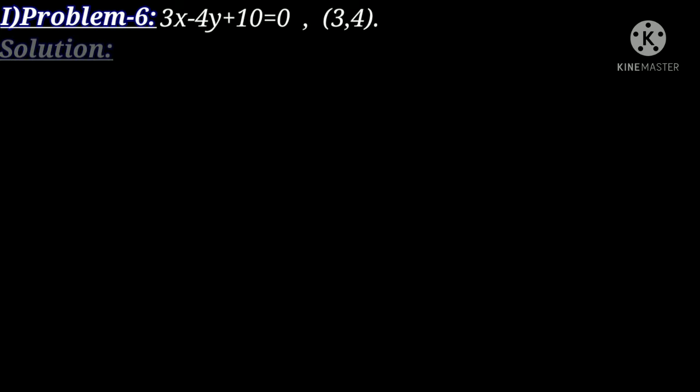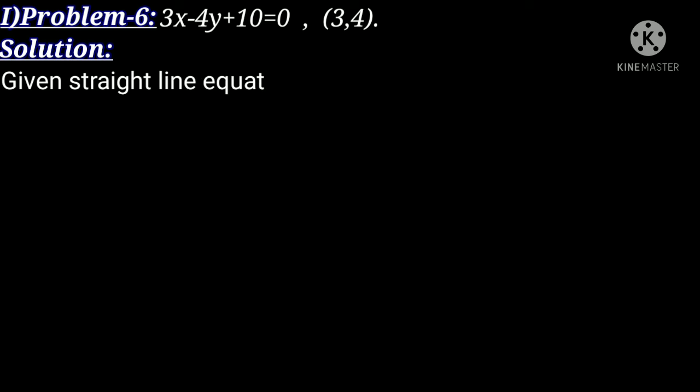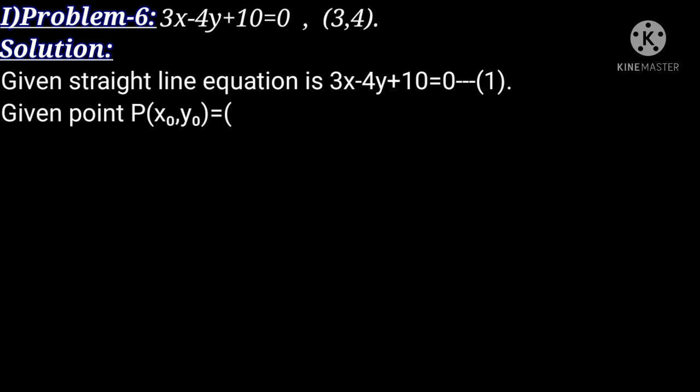Now problem number 6: 3x minus 4y plus 10 equal to 0 and point (3, 4). Solution. Given straight line equation is 3x minus 4y plus 10 equal to 0. This is equation number 1. Let the given point P(x0, y0) be (3, 4).